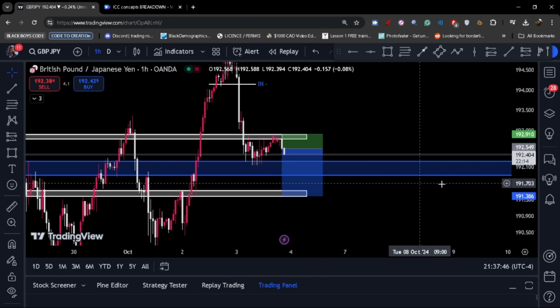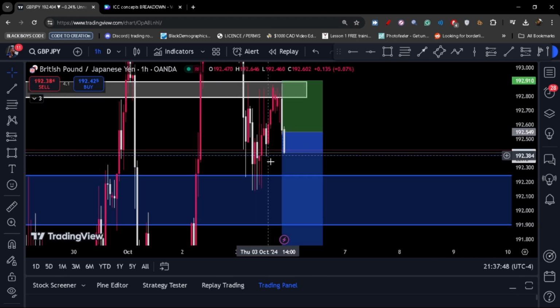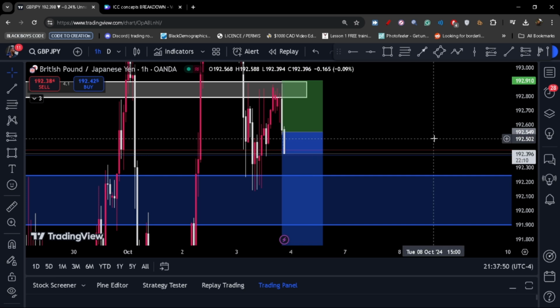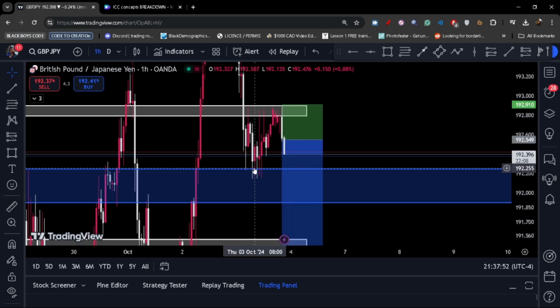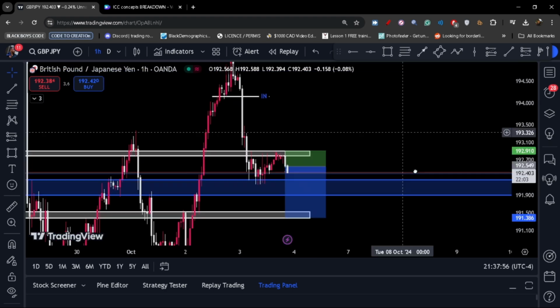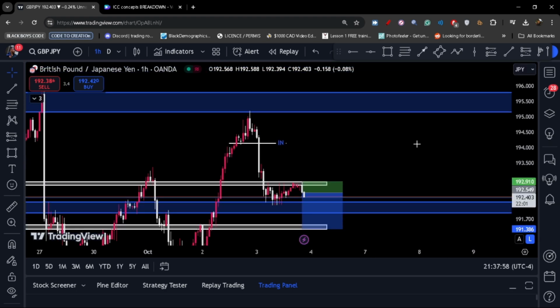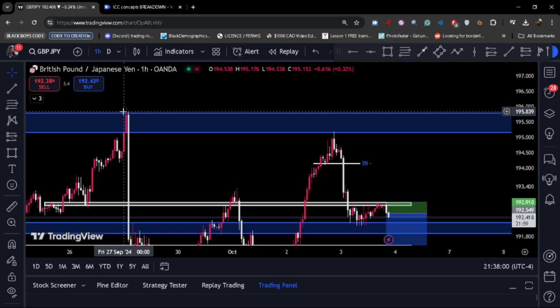But as of right now, price is still playing around this area here. So until price closes below this body here, it's safe to say that the trend is still sells, and price needs to buy all the way up here for the trend to change from sells to buys.